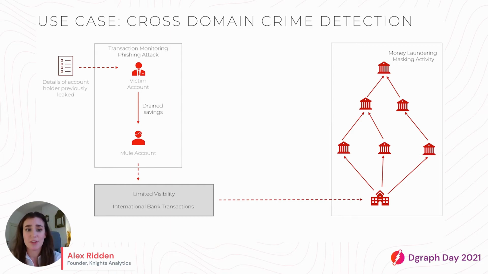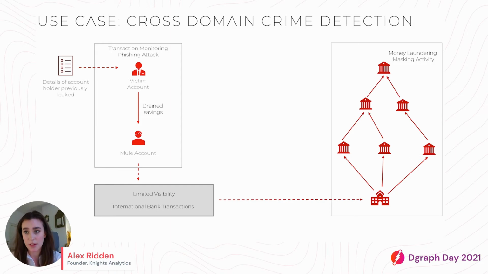On the left, you've got a transaction monitoring situation where a victim's account has had all their savings drained into a mule account, and that mule account has then sent those savings on into the ether of international banking transactions. And on the right, you have a money laundering use case, which is often in the corporate world and often requires slightly different data, but it certainly is often tackled differently.